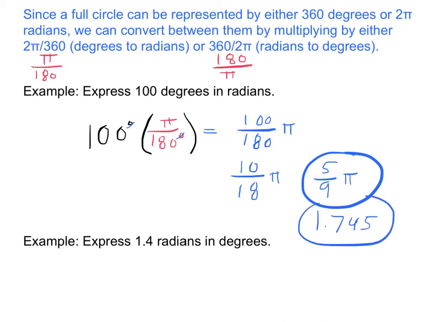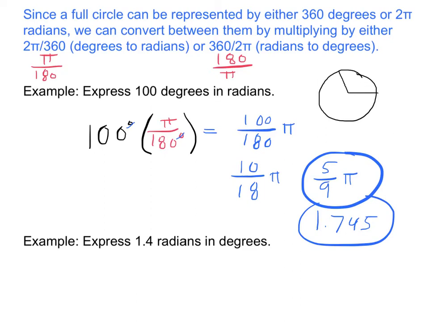Although you're going to find in this class, as we do a lot of things with radians, lots of times we just leave pi in it. Part of the reason is it gives us an expression like a fraction. This 100 degrees is almost like saying, I know a whole circle is 360 degrees, and 100 of those degrees would look like that much of it.